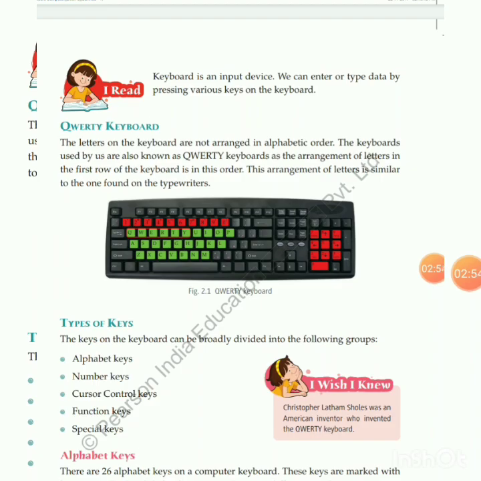First one is alphabet keys, then number keys, cursor control keys, function keys and special keys. Today we learn about alphabet keys, number keys, cursor control keys and function keys. These 4 I am explaining in this part, and the last one, special keys, I will explain in the second part of this session.